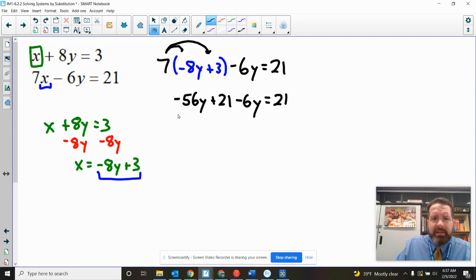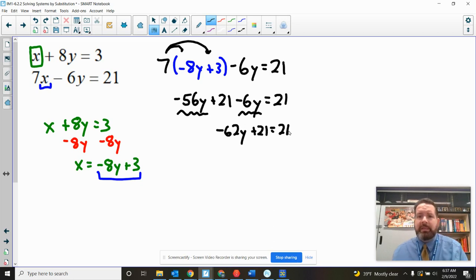Next, I got a negative 56y here and a negative 6y. They're on the same side of the equal sign, so just put them together as they look. Negative 56 minus 6, that's negative 62 y's altogether, plus 21 equals 21.